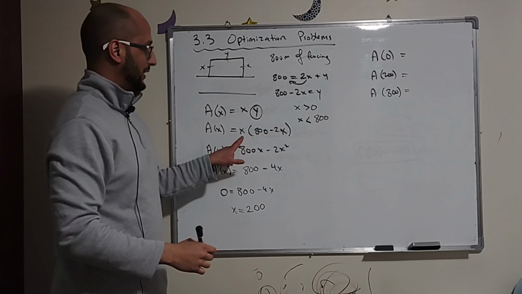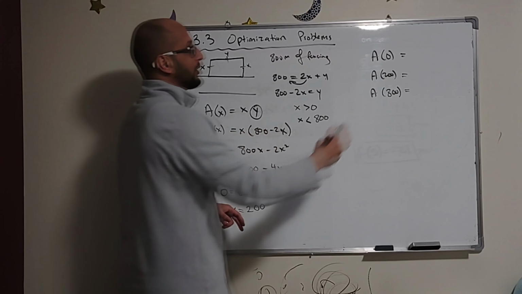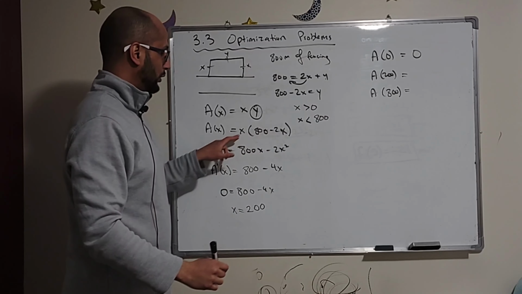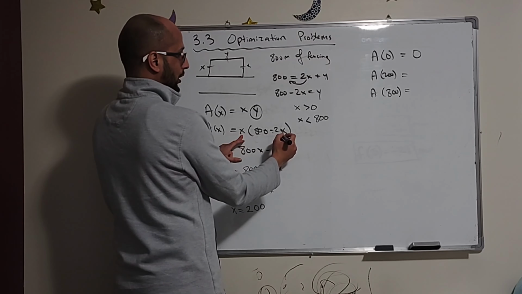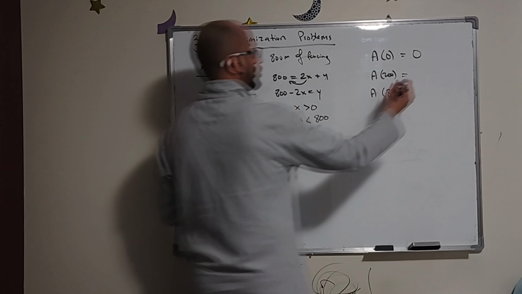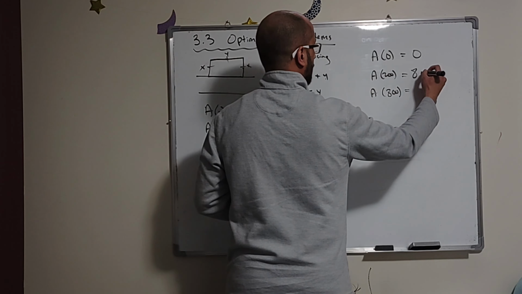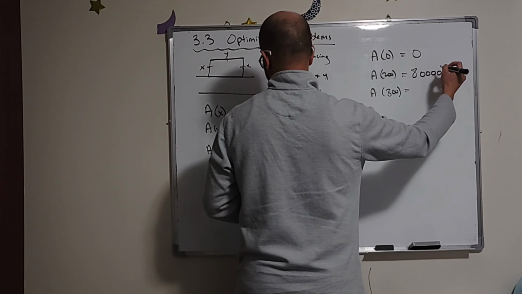So if x is 0, it would be 0 multiplied by something, so the area would be 0. If x is 200, then 800 minus 400 would be 400. 400 multiplied by 200 would be 80,000, right?